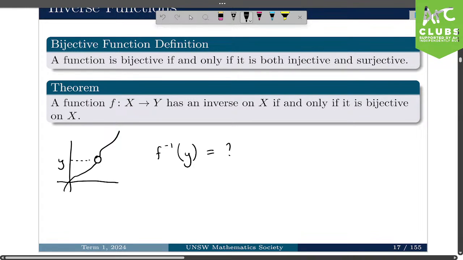We wouldn't know what output we should give when plugging y into our inverse function. So obviously if our function has an inverse, then it has to be surjective.